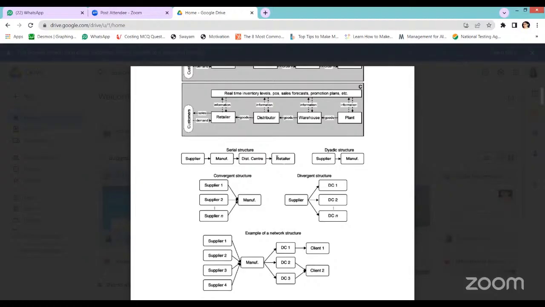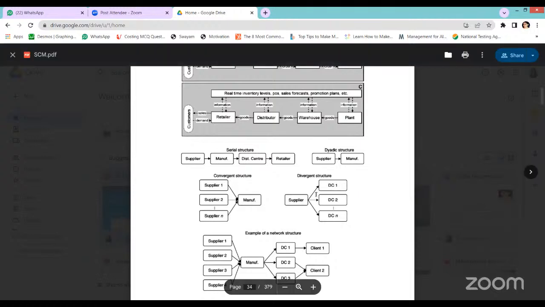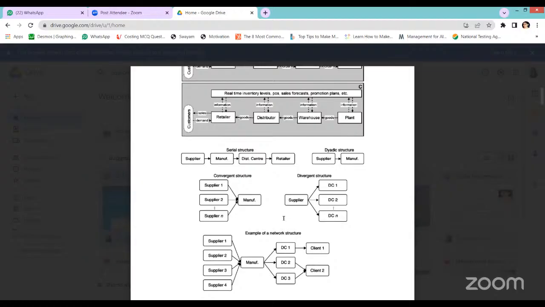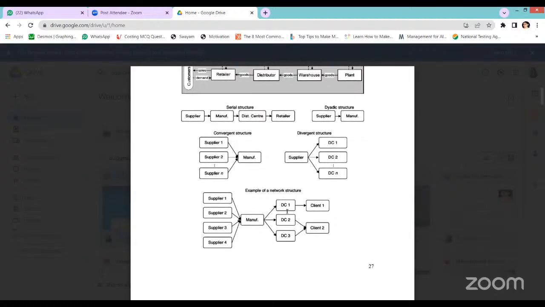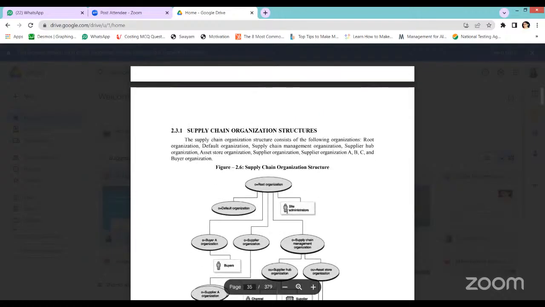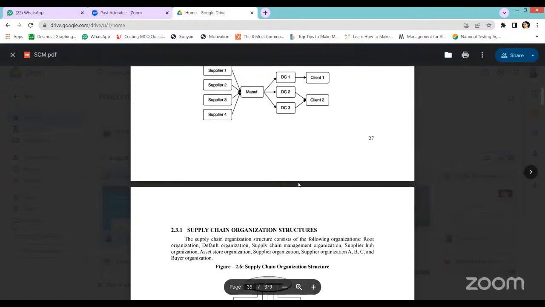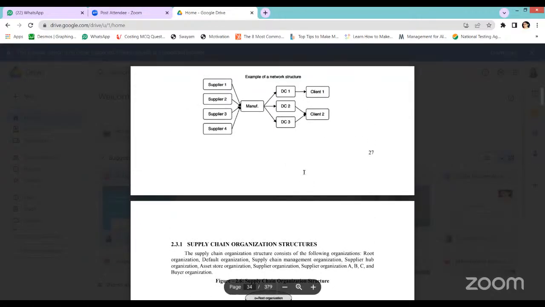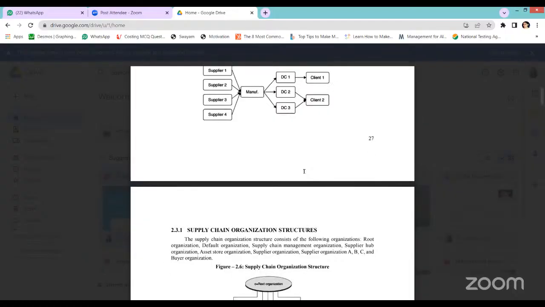The next one is convergent, with many predecessors but one successor. In divergent, it is one predecessor and many successors. The picture explains it very clearly. You can draw these pictures and explain the concept in simple phrases, and you can surely score good marks.